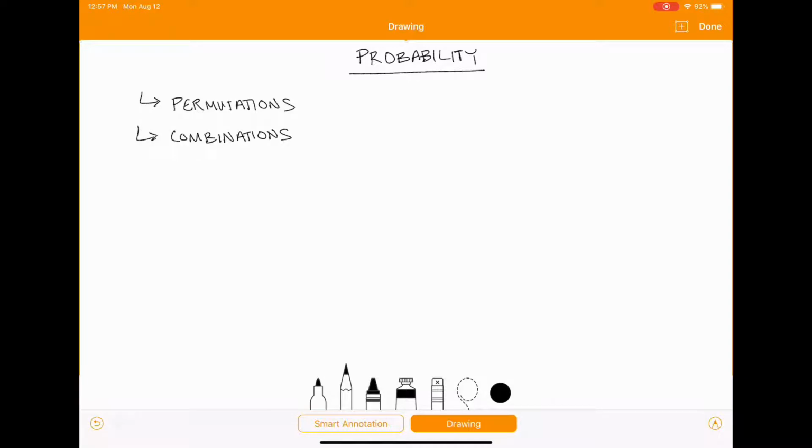So a permutation is an arrangement of objects in which order is important. For example, if we had the letters A, B, and C, and we could only use two-letter combinations, our different permutations would be AB, AC, BA, BC, CA, CB.